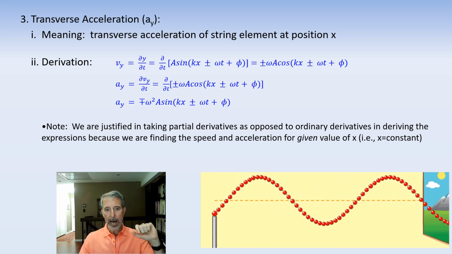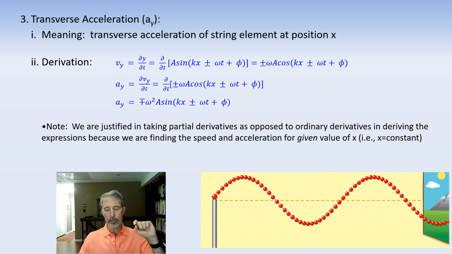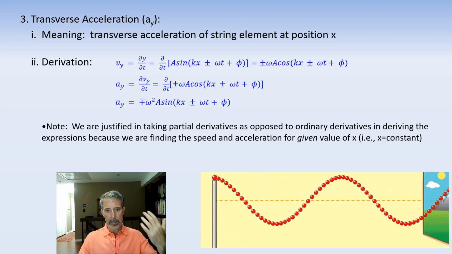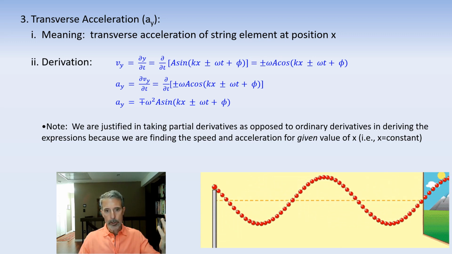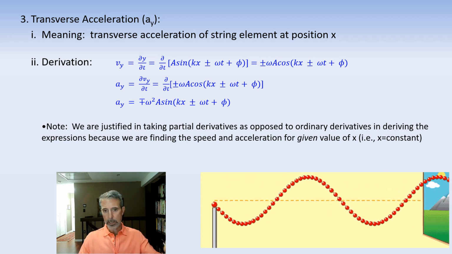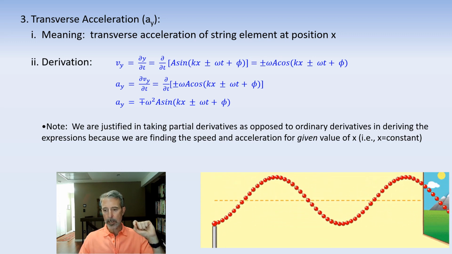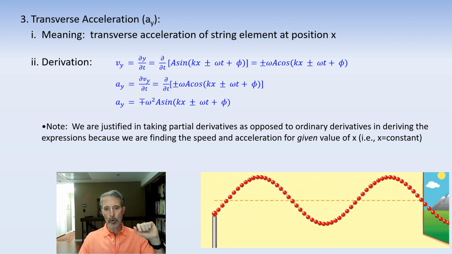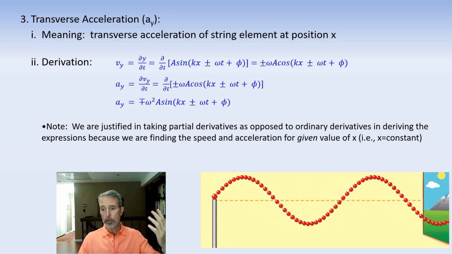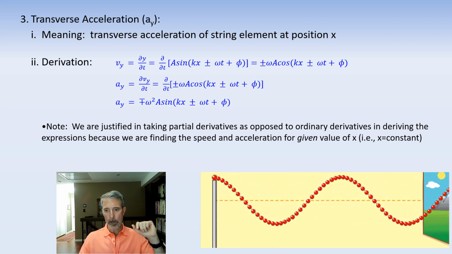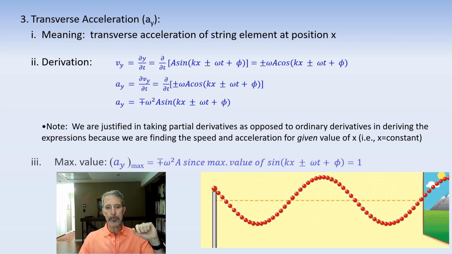So here we have it, our expression for the transverse acceleration of a particle. And since x is a constant, we're justified in taking partial derivatives, and when we do so, we simply treat the variable x as a constant when we differentiate.